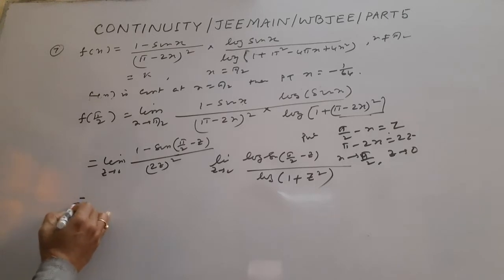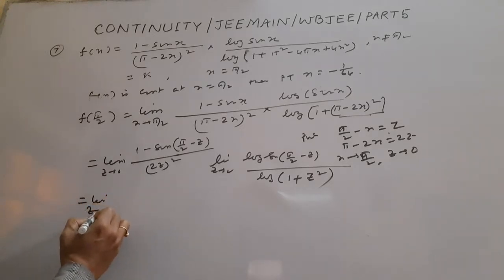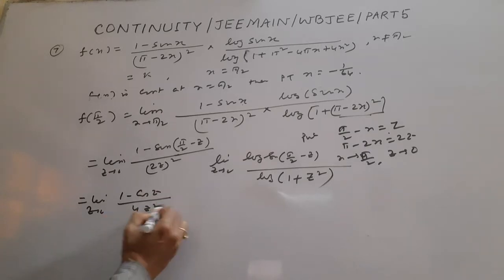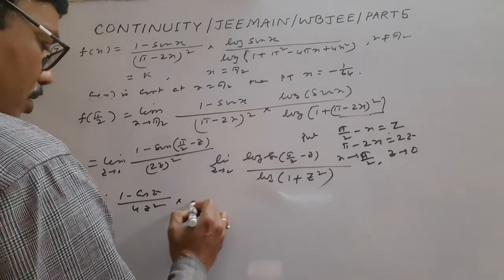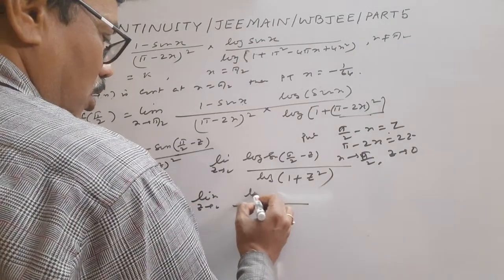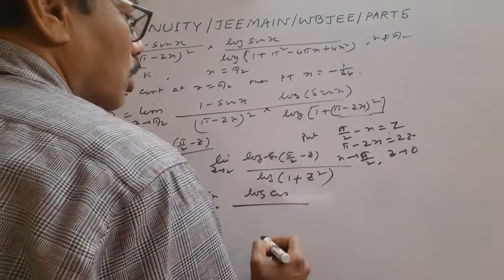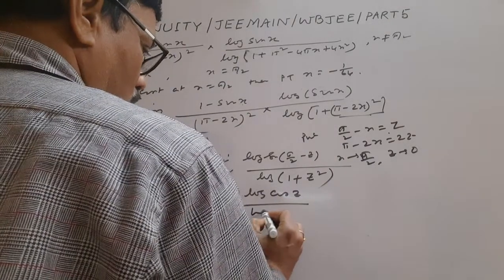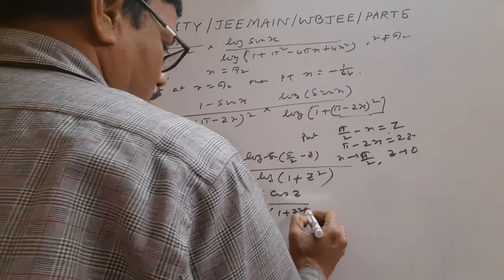Now the next step is limit z tends to 0 of (1 minus cos z) by 4z square, times limit z tends to 0 of log cos z by log of 1 plus z square.